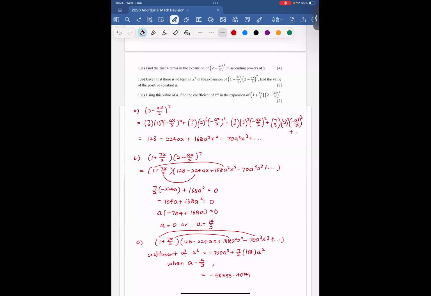By right, we should leave the answer in fraction, but the calculator cannot show fraction, so it's okay. Okay, can I move on to the next one?